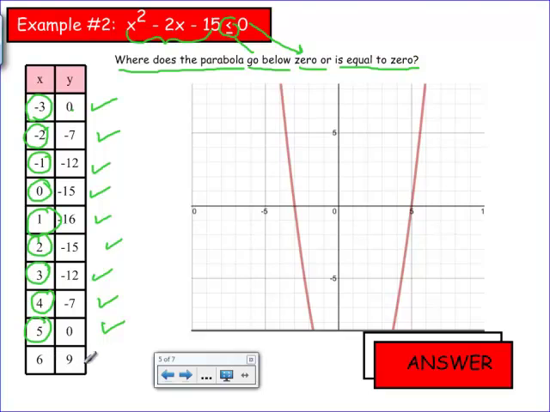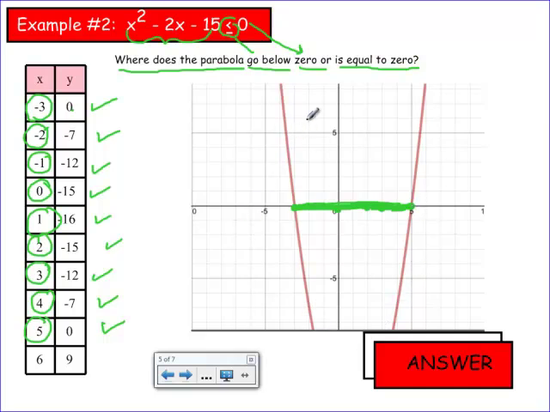But 6, no. So if I just came over here and graphed all these numbers, -3 was an answer, -2, -1, 0, 1, 2, 3, 4, 5. Hey, all these numbers, and remember all the decimals in between them, work. If I put any of these numbers in, my parabola will be below 0.